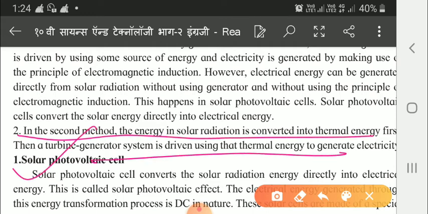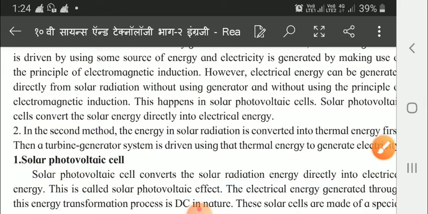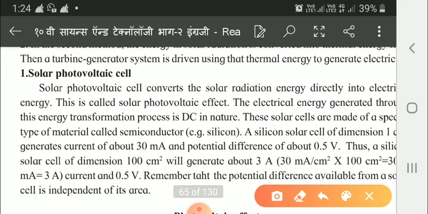Let us see first the solar photovoltaic cell. A solar photovoltaic cell converts the solar radiation directly into electrical energy. This is called the photovoltaic effect. The electrical energy generated through this energy transformation process is DC in nature.